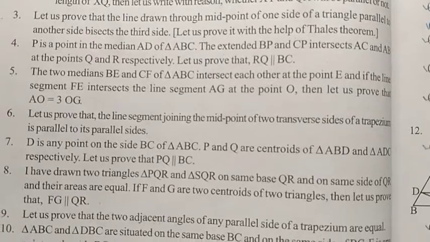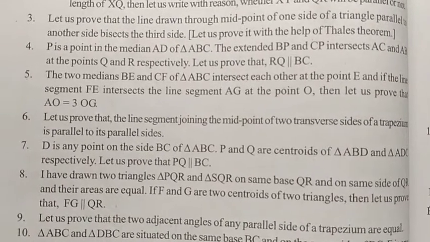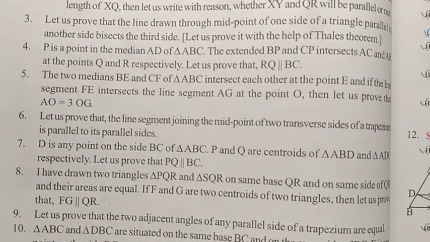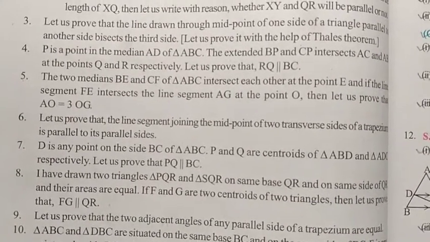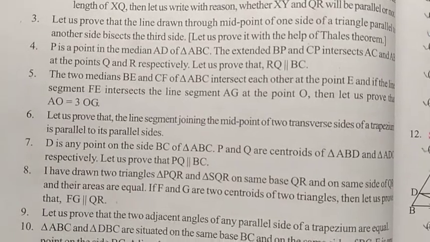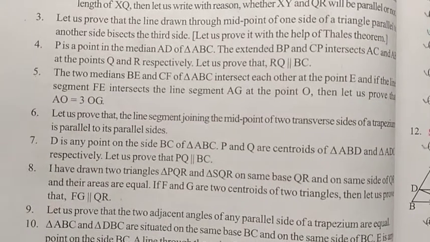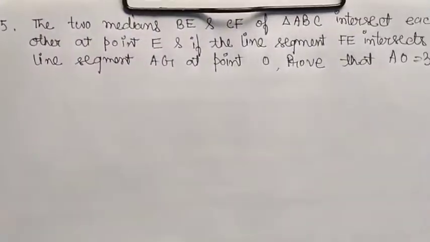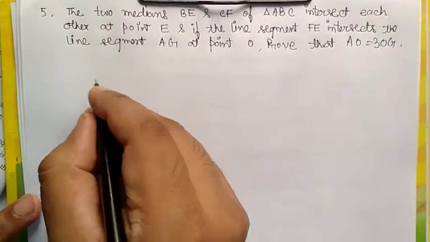This is sum number 5. The two medians BE and CF of triangle ABC intersect each other at the point G, and if the line segment FE intersects the line segment AG at the point O, then let us prove that AO equal to 3OG. So first we have to draw the diagram properly.